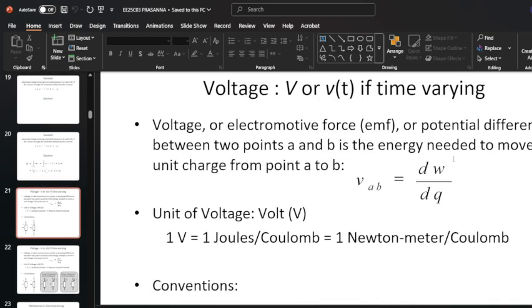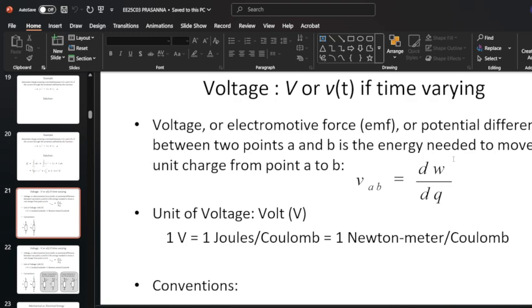Next, we discuss voltage. Actually, the definition of voltage: we can say voltage, electromotive force, or potential difference. Both are the same. The potential difference between two points A and B is the energy needed to move a unit charge from point A to B. We studied this in lower class physics.